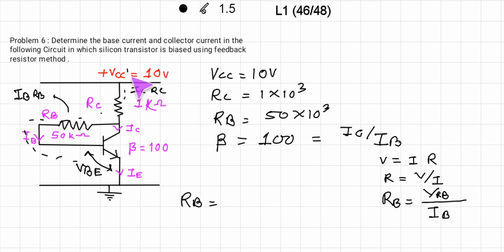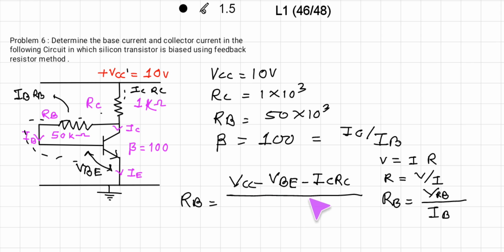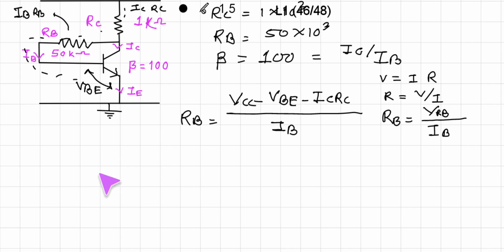So the voltage across this is VCC minus VBE minus ICRC. That is the voltage appearing across the base resistance, divided by the current IB. So from here we can say that the resistance value RB is VCC minus VBE minus ICRC, divided by IB.